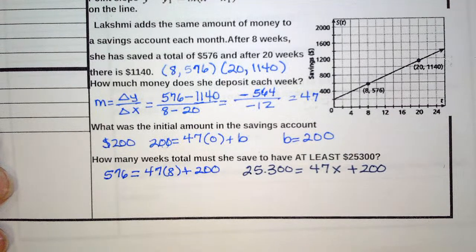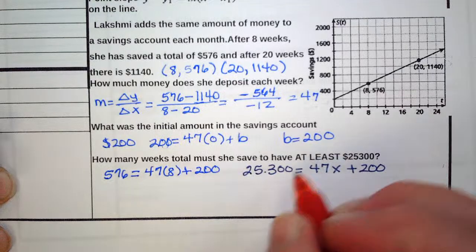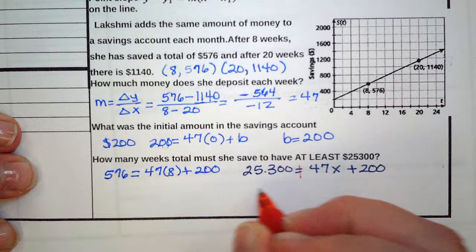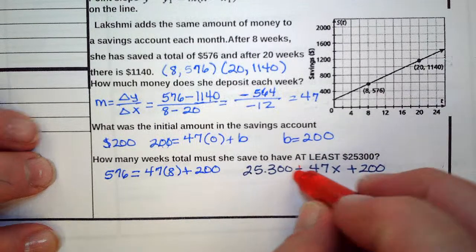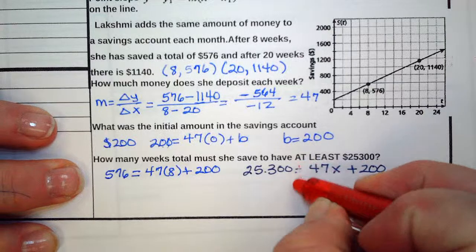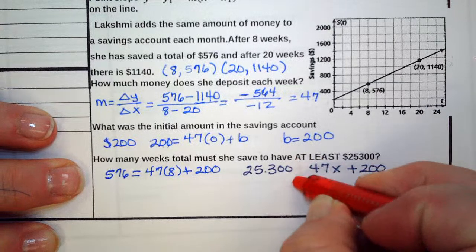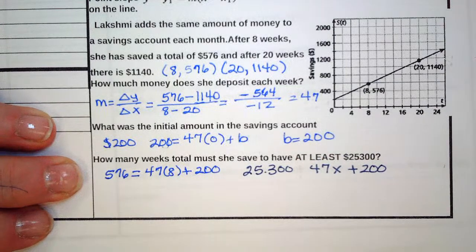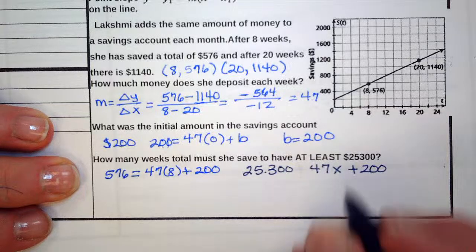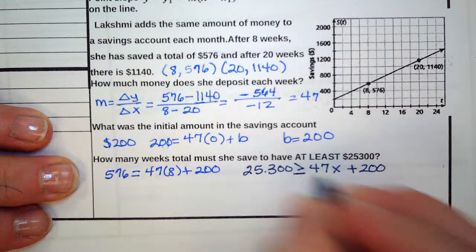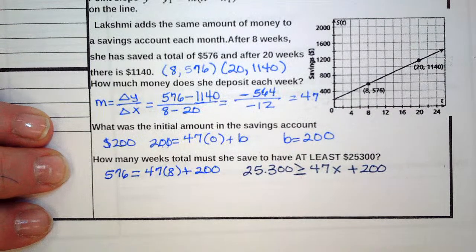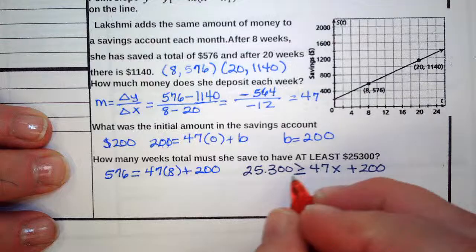What do we do first? Well, if it's at least, will it be an equal? No, it will not be an equal. It is greater than or equal to 47x plus 200.